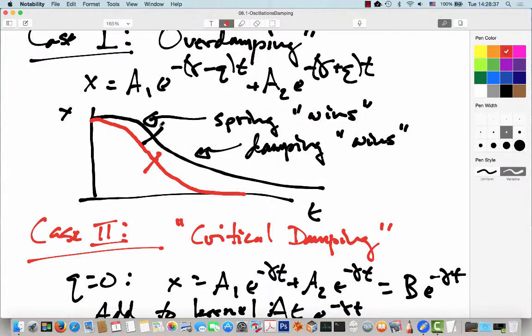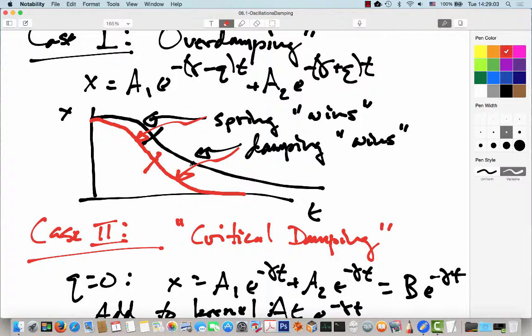So we still have the spring winning here all the way up to there, the damping winning here. So this is the perfect balance between the spring bringing it to equilibrium as fast as possible, and then basically hitting the brakes as late as possible to get it returned back to its original place as quickly as possible.